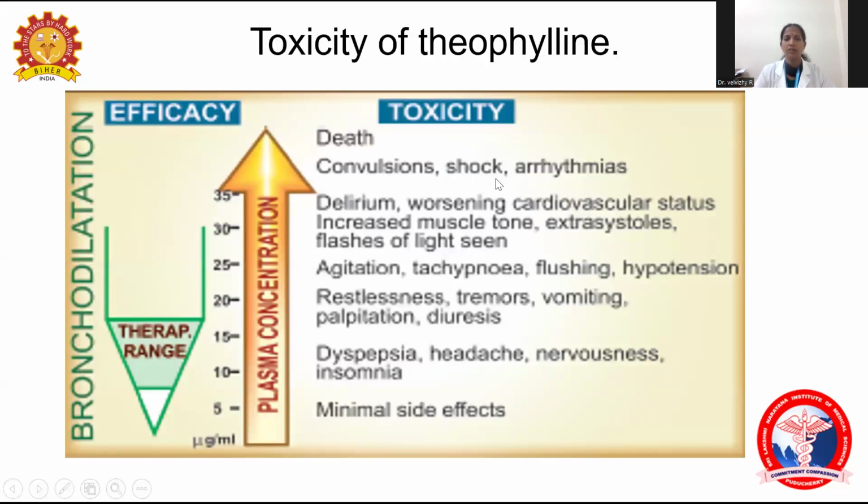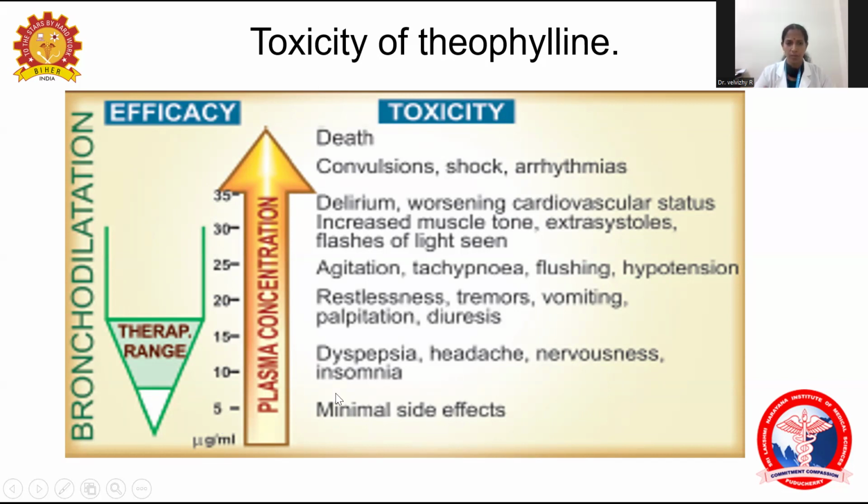But the main concern in bronchial asthma is that it has a narrow therapeutic range. So we have to maintain a certain level of methylxanthines in blood. If it goes above, it is highly toxic, and if it goes below, it is not effective. If it reaches 5 micrograms, there will be minimal side effects.